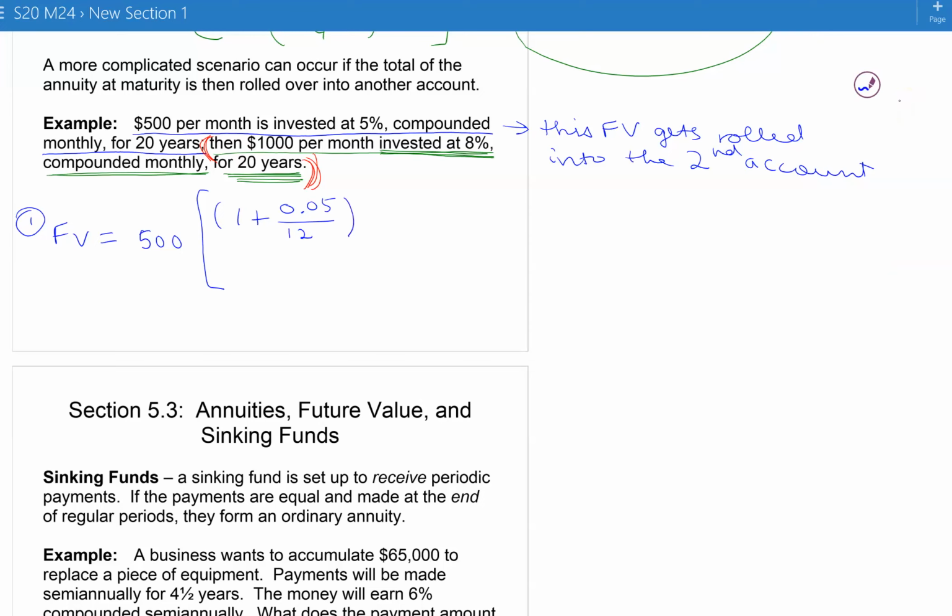Monthly for 20 years means you're going to compound 240 times. Then you subtract 1 and divide by always that same interest rate, so 0.05 over 12.